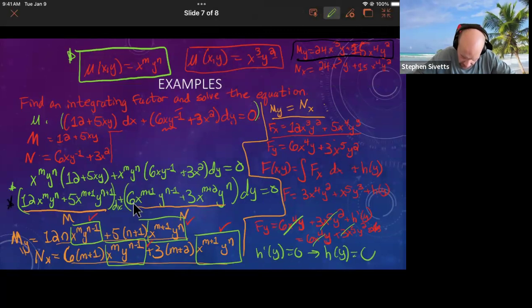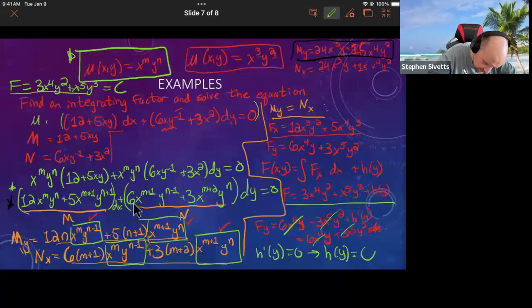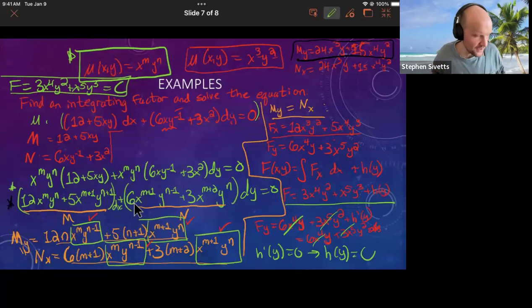And so what that means is that your function will equal to, well, 3x to the 4th, y squared, plus x to the 5th, y cubed, and that has to equal to a constant. So that's your general solution. Okay. Hopefully that clears things up, and I hope that made sense.